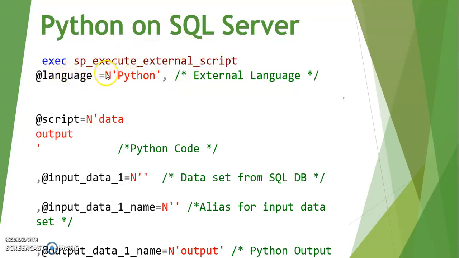Then we have to mention the language in this variable, and then we can write our Python code and set it for this script variable. Then we have to set the input from the SQL Server DB to this variable, input data underscore 1, and we can use an alias for this input data set, and then we can get the output into this variable from this Python script.